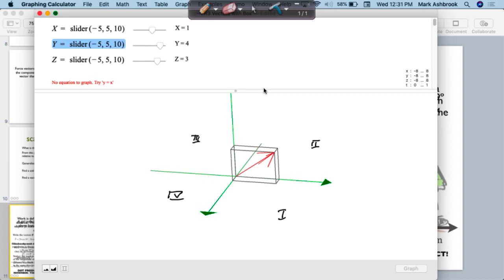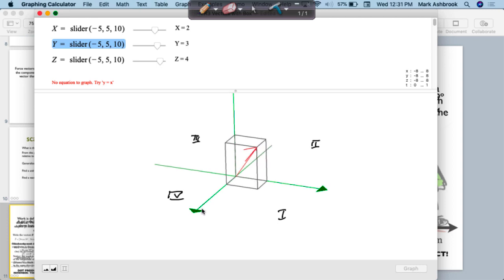So here's the vector 2, 3, 4, maybe. All right, so here's the vector 2, 3, 4.